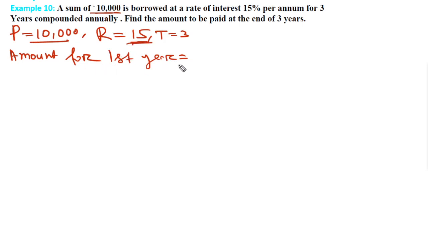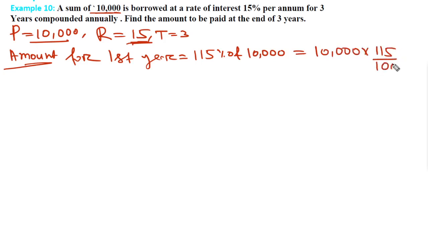So amount for the first year will be 115% of 10,000, which will be equal to 10,000 into 115 by 100. You can cancel 2 zeros, so it will be equal to 11,500. So this is the amount for the first year.